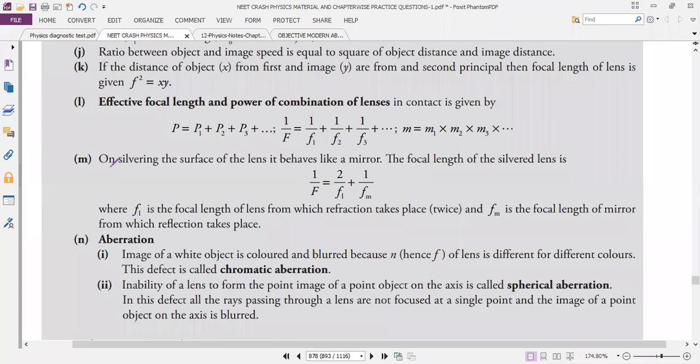Yes, this one now. The silvered surface of the lens behaves like a mirror. The focal length of the silvered lens: one more question they ask relevant to this formula. Silvering the surface of the lens, it behaves like a mirror. The focal length of the silvered lens is 1 by f equals 2 by f1 plus 1 by fm.